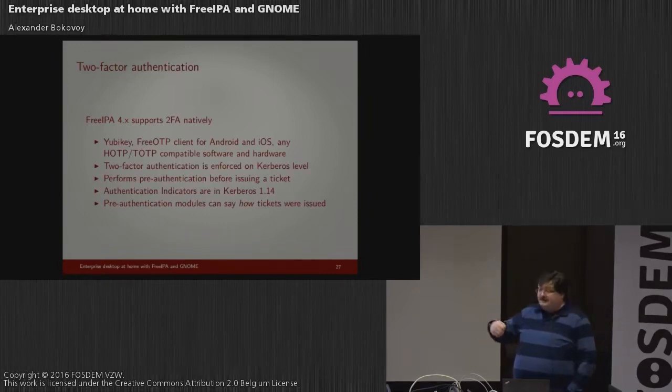So it presents a stronger guarantee that it's safe. And in FreeIPA, we natively support multi-factor authentication, so it works with YubiKeys, it works with FreeOTP on Android and iOS, Google Authenticator applications, and all HOTP and TOTP compatible things.